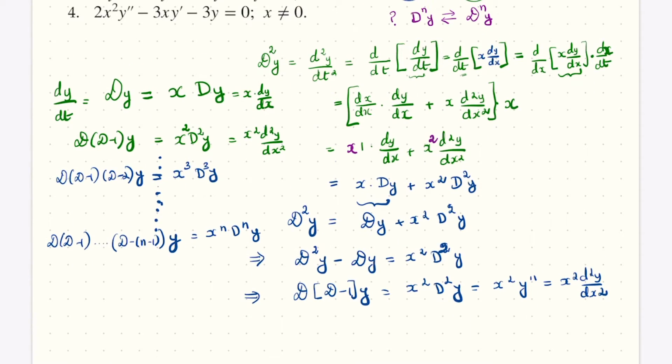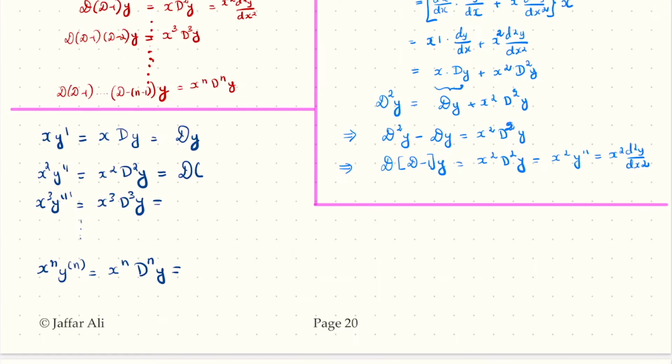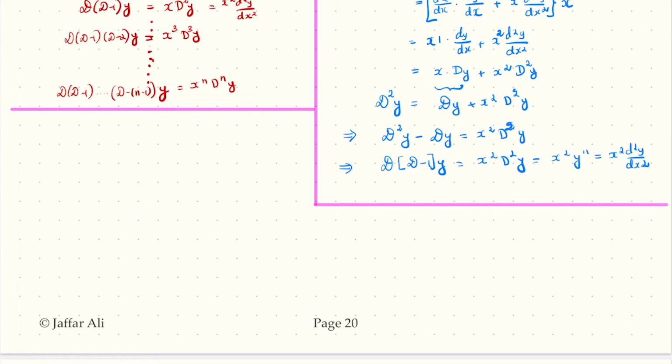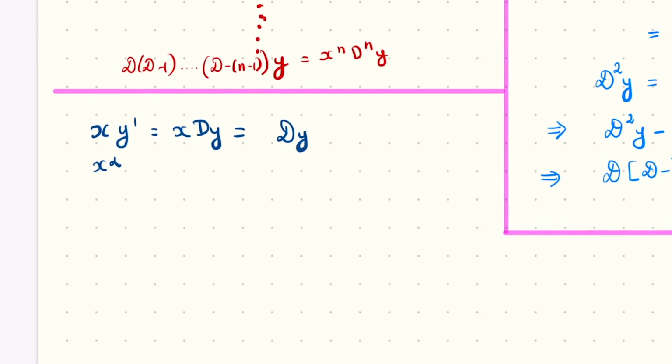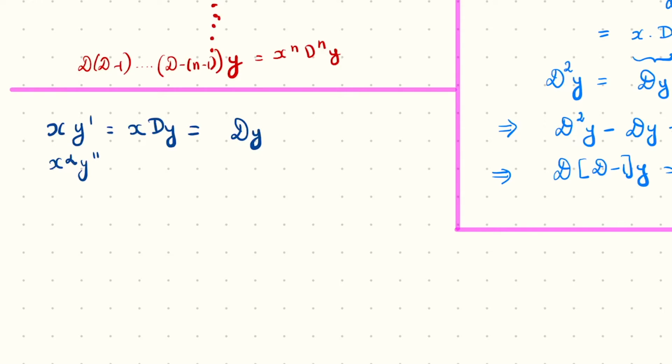So let me summarize what I have right here. x y prime, which is the regular x regular dy, is going to be script dy, and this x squared y double prime is going to be x squared d squared y, regular dy is going to be script d of script d minus 1 of y.